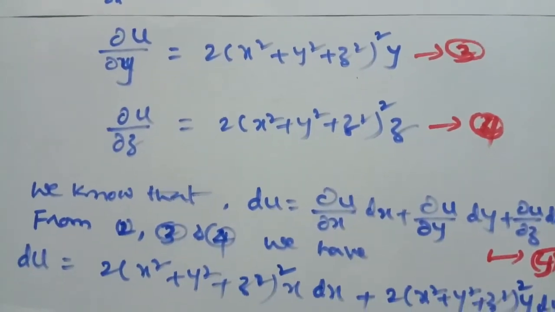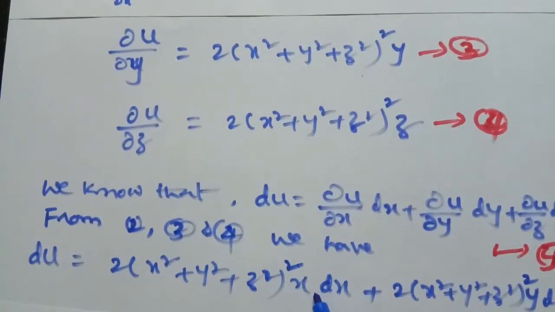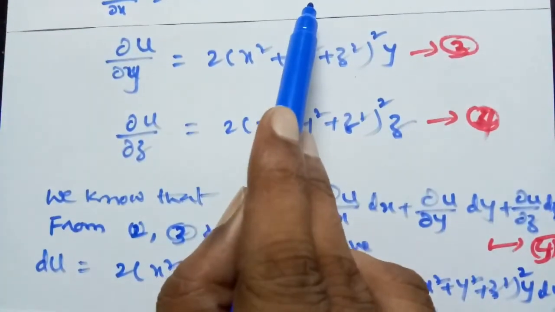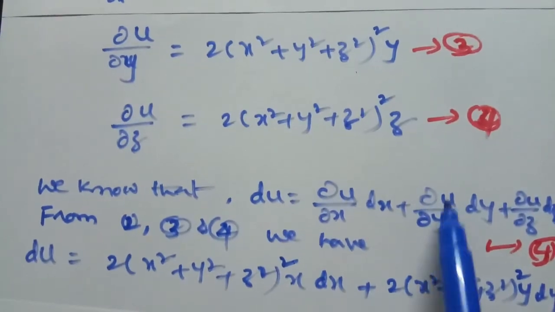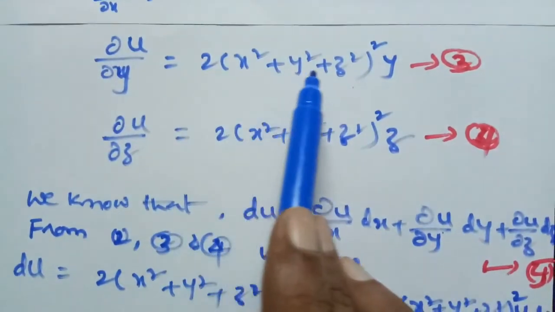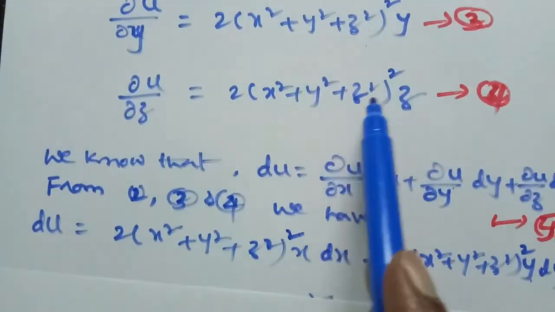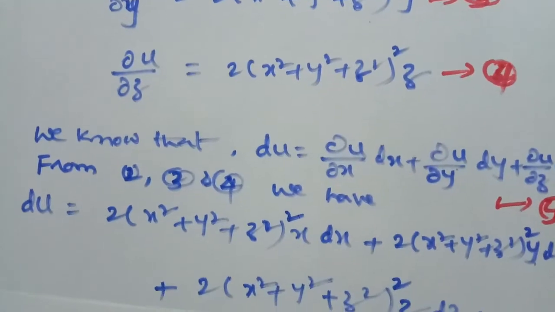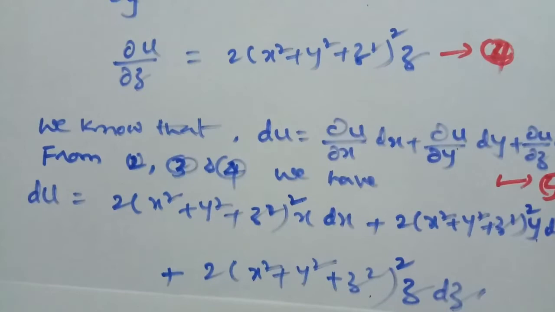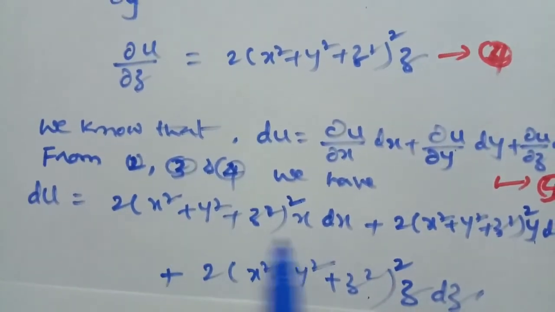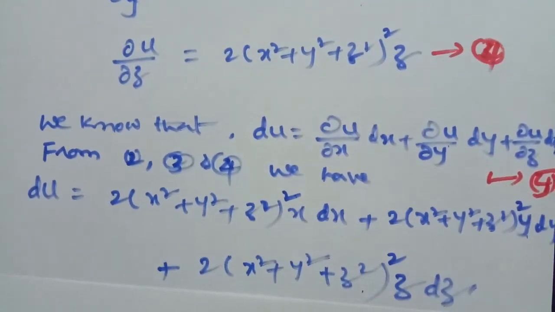du is equal to ∂u/∂x, whose value is 2(x² + y² + z²)² x, dx plus ∂u/∂y, 2(x² + y² + z²)² y, dy plus ∂u/∂z, 2(x² + y² + z²)² z, dz. Now throughout the equation (x² + y² + z²)² is a common factor.